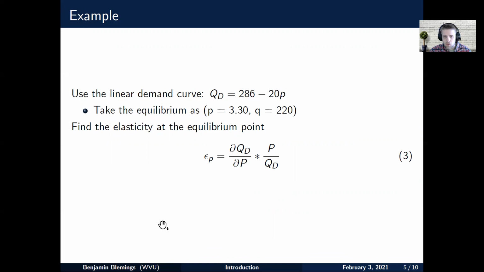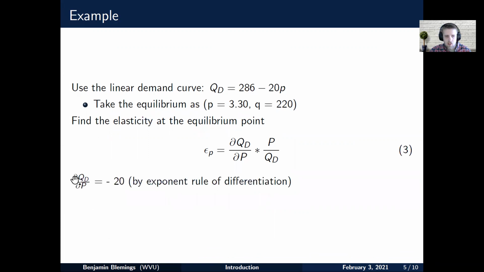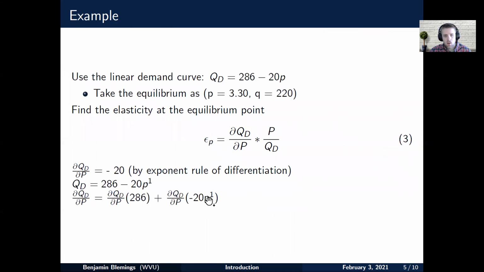We take the derivative of this with respect to p, and that's -20. This is by the exponent rule of differentiation, which is covered in the appendix of your textbook, and I will also be making a set of slides for you, which I'll release shortly. For now, it can be seen as the derivative of 286 and the derivative of this second part.